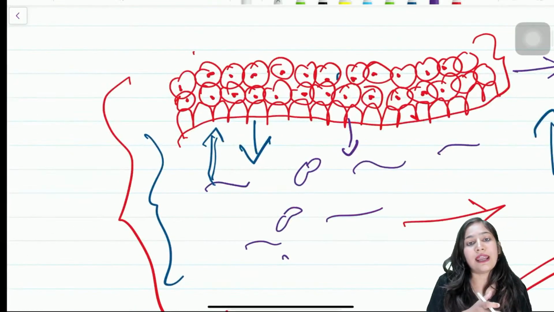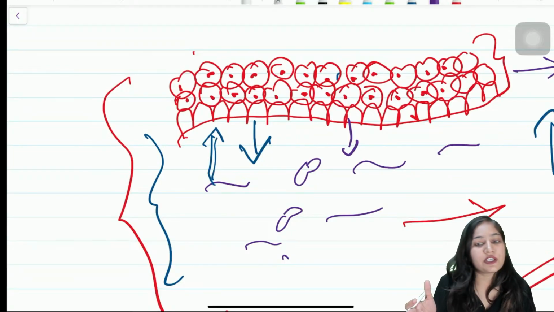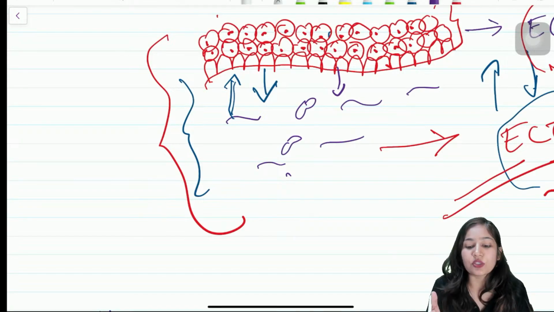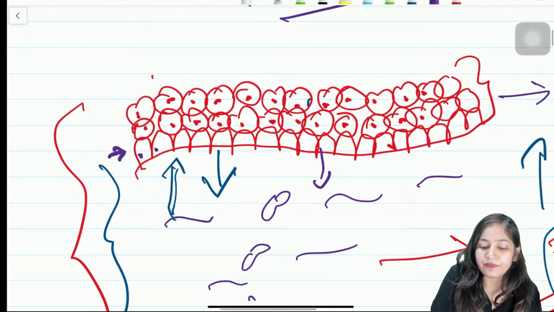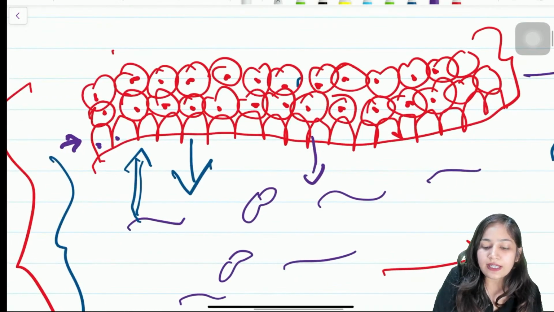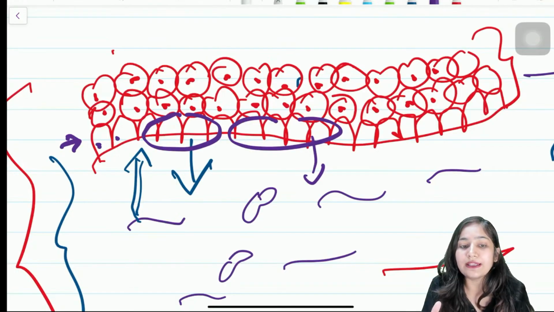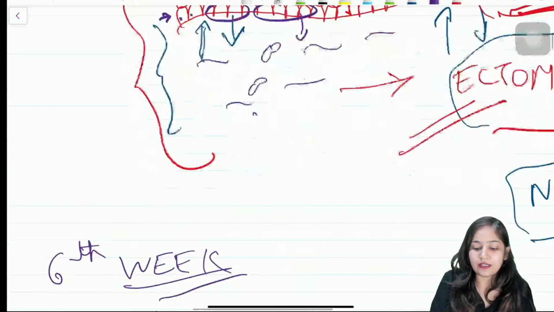So around the 4th week, the buccopharyngeal membrane will rupture, and then after 2 weeks, around the 6th week, certain cells of the basal layer, you can see this is the basal layer, these columnar cells, will proliferate more rapidly than the adjacent cells, leading to the formation of a thickened band.